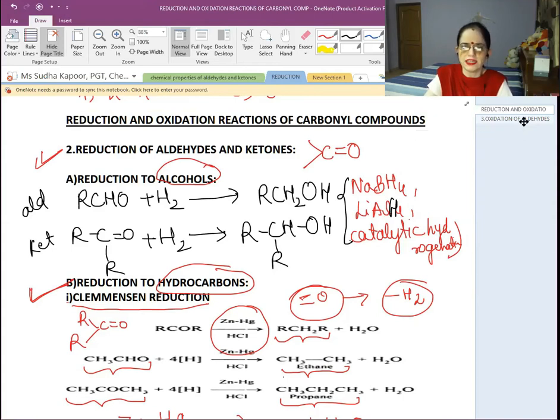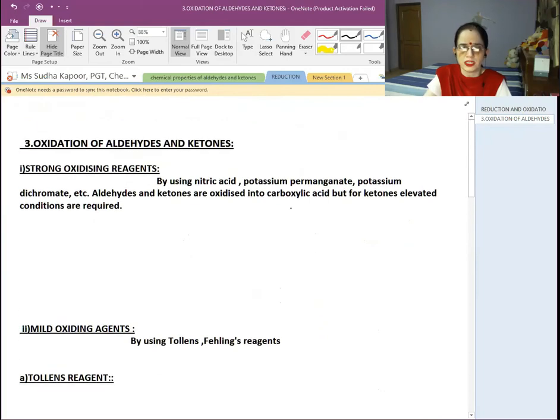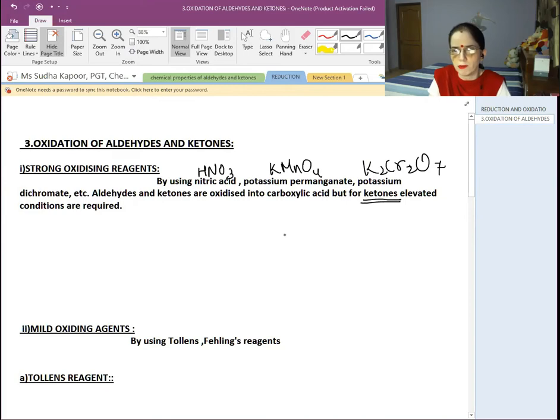So oxidation of aldehydes and ketones gives different products in the presence of different types of oxidizing agents. First, if we are using strong oxidizing agents such as HNO3, KMnO4 or potassium dichromate K2Cr2O7, then aldehydes and ketones are oxidized into carboxylic acids. But remember that ketones can undergo this reaction only at elevated temperature, that is, heating is required.